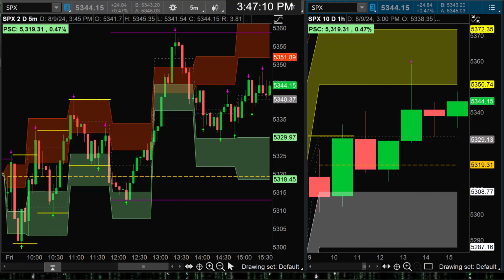The calculation behind it is historical volatility. What is the tendency for any symbol, whether it be Apple, crude oil, gold or SPX, what is the tendency for the symbol's movement hour to hour and session to session?